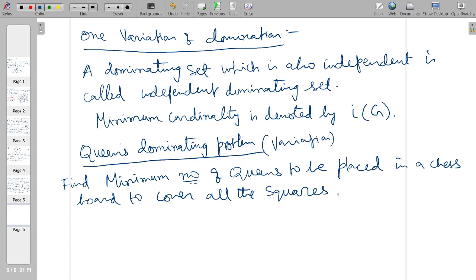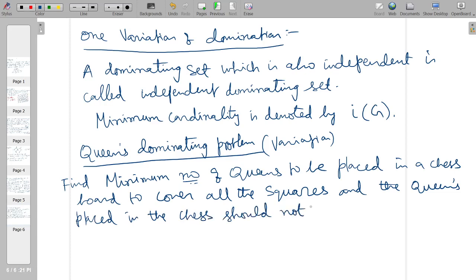So this was the problem, and the queens placed in the chessboard should not attack each other. So this is a problem of finding the independent dominating set.